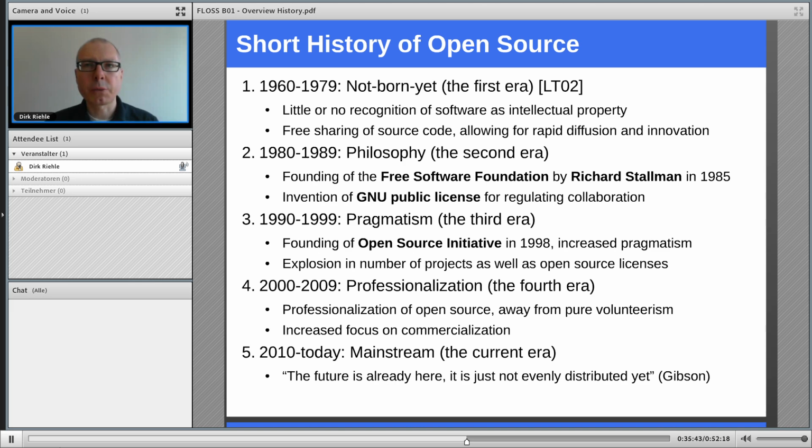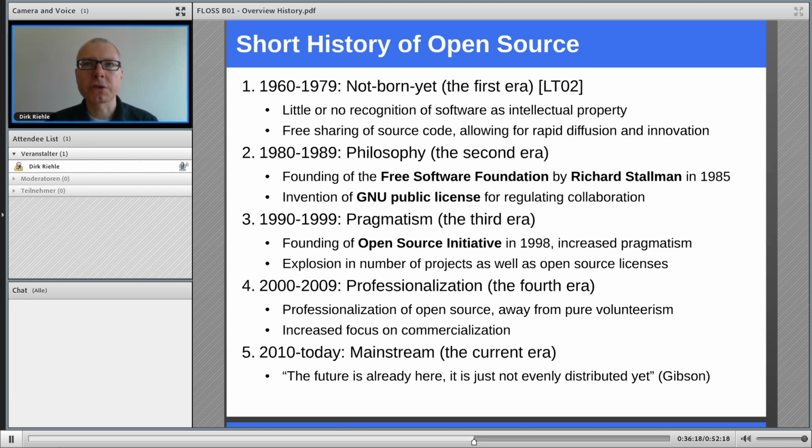It took a while to separate itself from the hardware and be recognized as its own intellectual property product. And during those days, software, because it did not have its own reputation, was shared freely. So when people recognized that software could be separated from hardware and could be its own product, it became closed source software because it was not shared freely any longer.